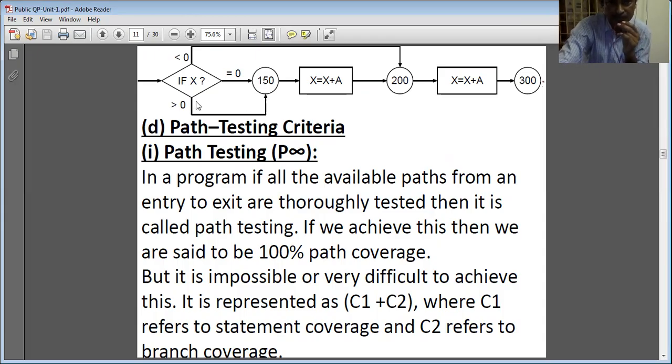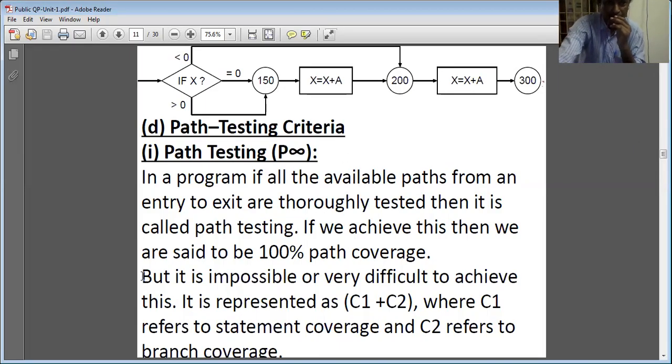If it is equal to 0, it is 150, x equal to x plus a. Again it comes to x equal to x plus a, that is x equal to x plus 2a. So x equal to 0 and x greater than 0 cannot be considered. Only consider x less than 0, then it comes to 200, then x equal to x plus a, that is correct. Like that you have to consider.